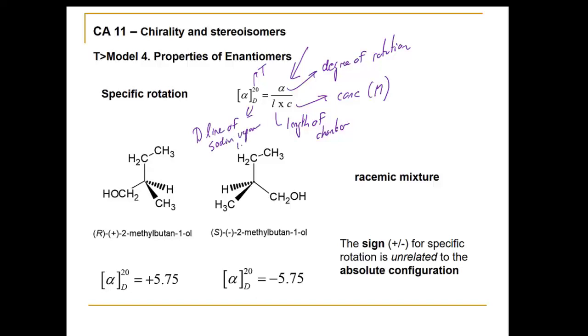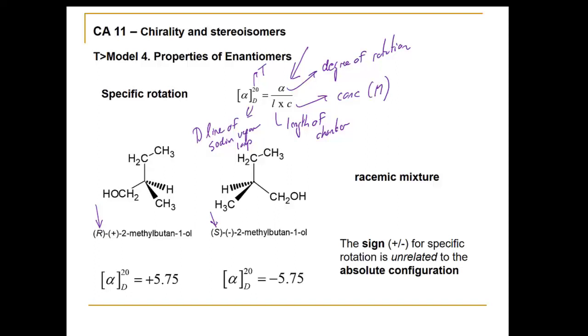So you can see that it's quite a standardized measurement so that we can compare between different laboratories in terms of what the specific rotation is for a structure. You can see I give some examples here. We've got 2-methylbutan-1-ol, and of course these are enantiomers, and one of the enantiomers is the R and the other is the S. Remember that those are referred to as the absolute configuration, and they are man-made designations.